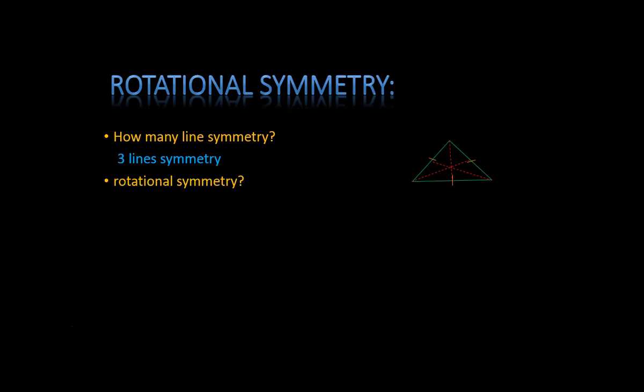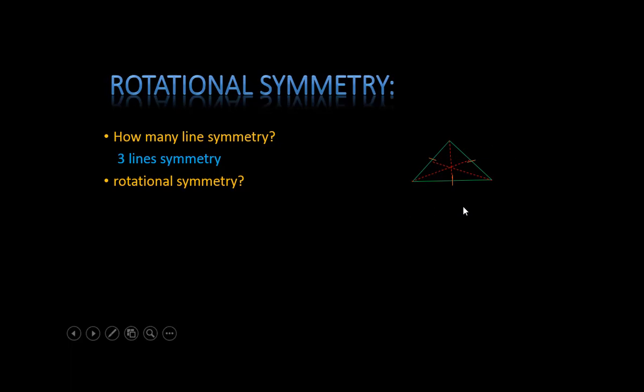See the other question, rotational symmetry. Rotational symmetry is the order of the rotational symmetry. That means what is the order of this shape? Okay, let's check this. What do you mean first by rotation?